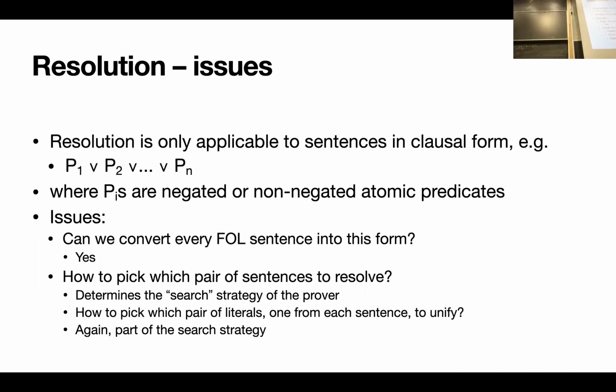For example, if we have something like P1 or P2, and P3 or P4, we can simply break it into one clause, P1 or P2, and another clause, P3 or P4. Does that make sense? So we converted one of these longer expressions to two smaller ones. It's basically as if we have a knowledge base with multiple clauses over the and. That's why we have to get it into ors like that, and with the and we can simply break it into multiple clauses. How do we do that?